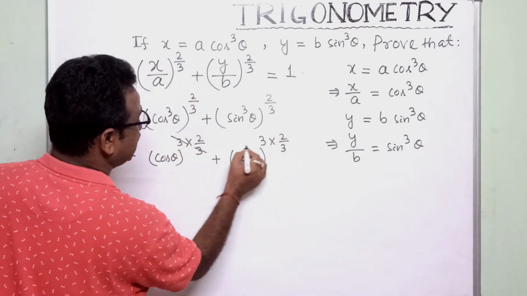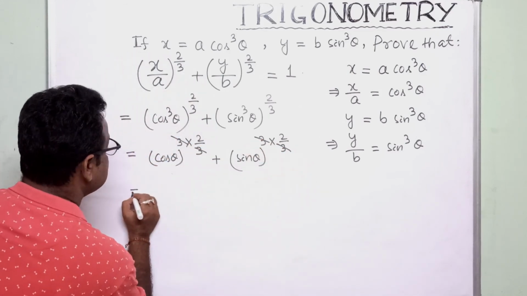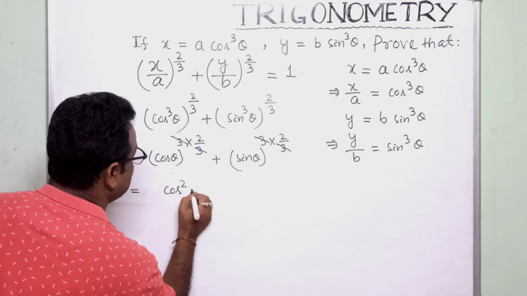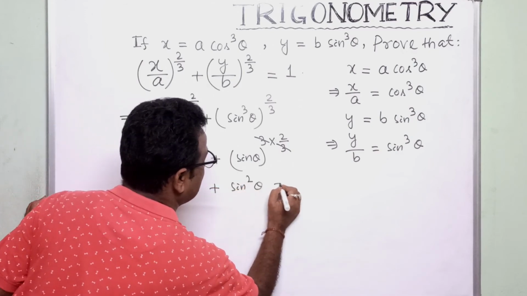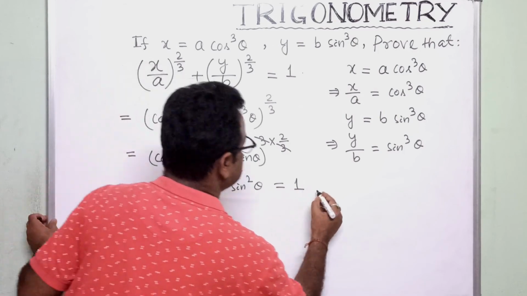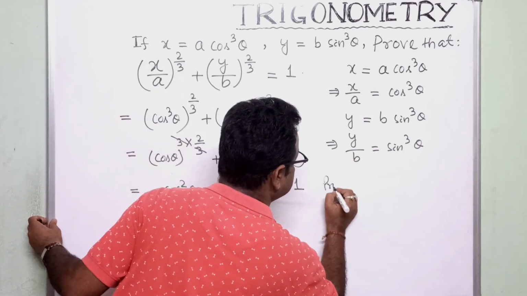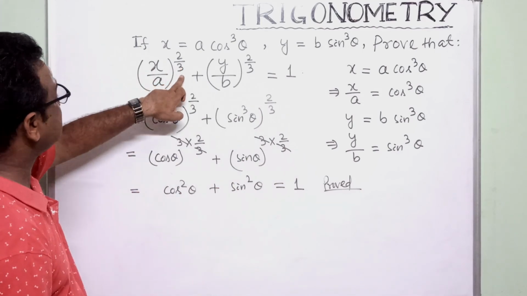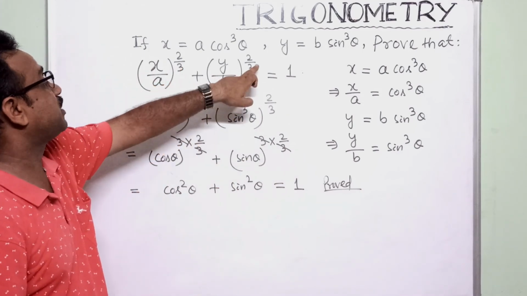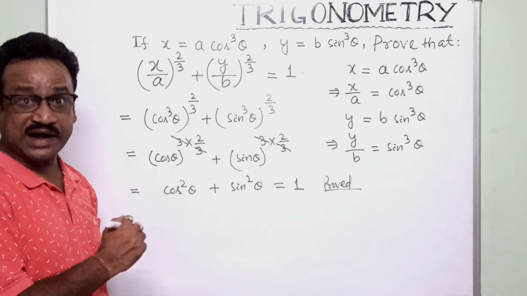So 3 cancels. That is equal to cos square theta plus sin square theta. That is equal to 1. So that is proved that (x by a) to the power 2 by 3 plus (y by b) to the power 2 by 3 is equal to 1.